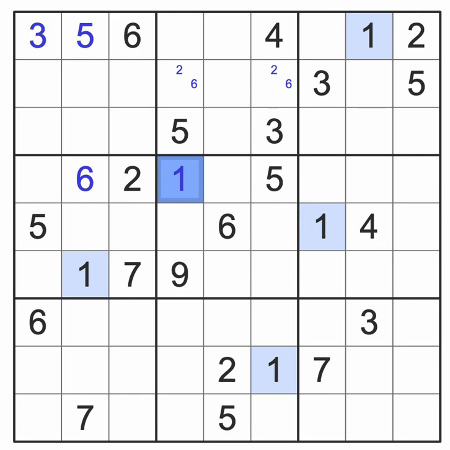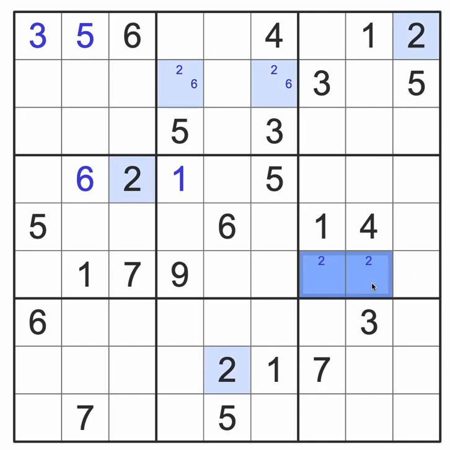Okay, and there's another double in box 6. It will be a double of 2 and 5 because column 9 has 2 and 5, and row 4 has 2 and 5. So these cells cannot be 2 or 5.